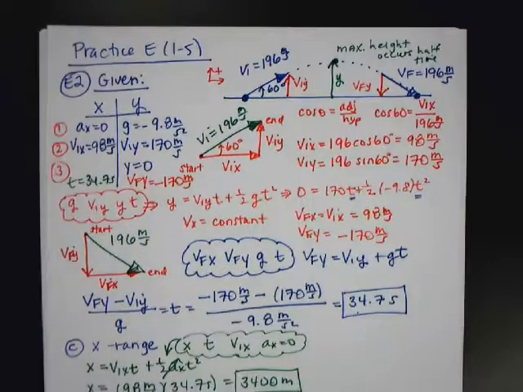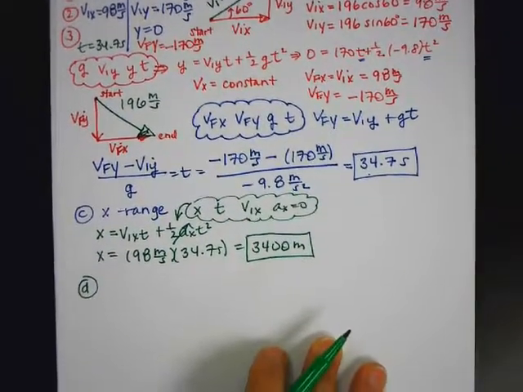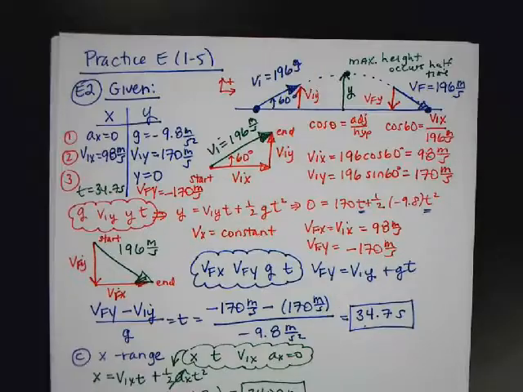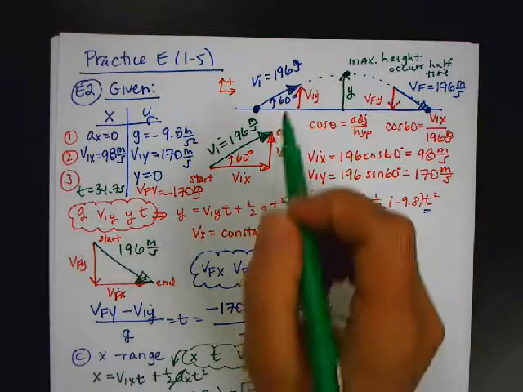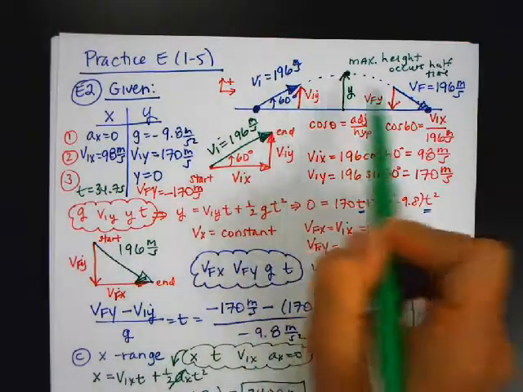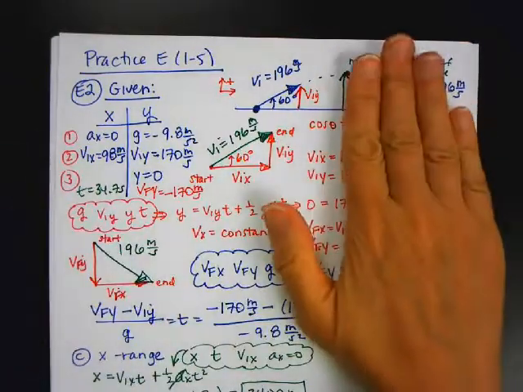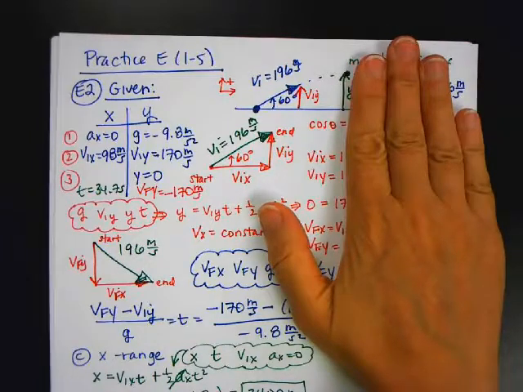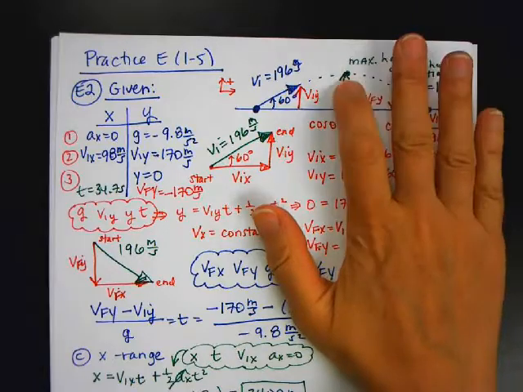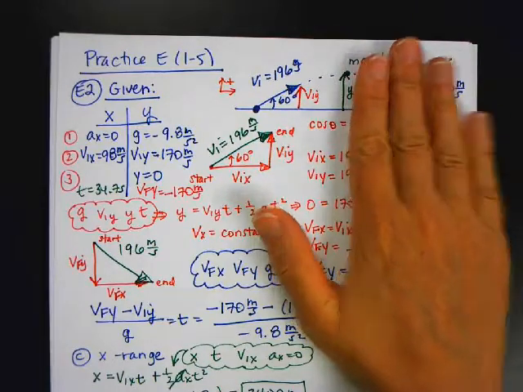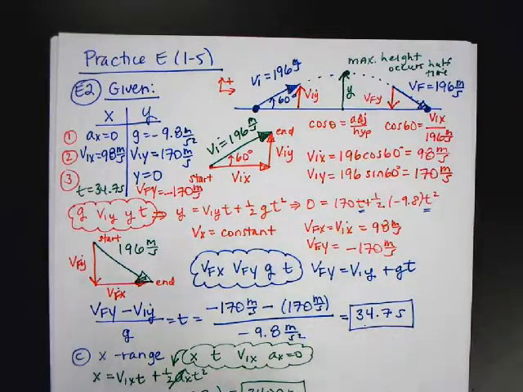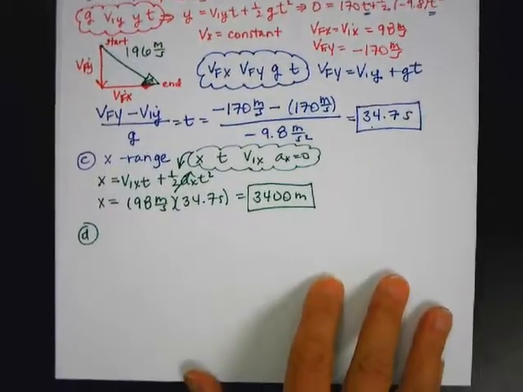All right, so let's go back to the problem. So there's 2 ways I can do it. The first way I'm going to show you is if I found the time to go from here to here, if I cover this up, the maximum height y is going to occur in half that time. So what we can do is take the total time and divide it by 2 and do it that way. So that's the first way we're going to do it.